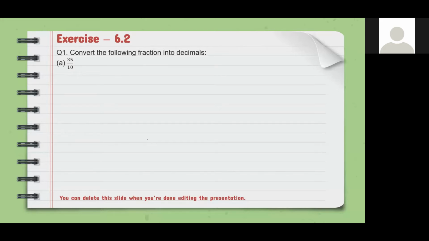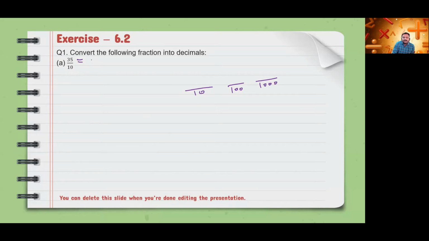We'll start exercise 6.2. What is the question? Convert the following fraction into decimal. Sir, we have to divide it now. No need to divide it, beta. Whenever there is 10, 100, 1000 in the denominator, it becomes easy. So this will come 3.5. After one digit, there will be a decimal point because in the denominator there is 10. If 100 is in the denominator, 2 digits will come after the decimal point. If 1000 is in the denominator, it will come like 0.035. It depends on how many zeros are in the denominator.